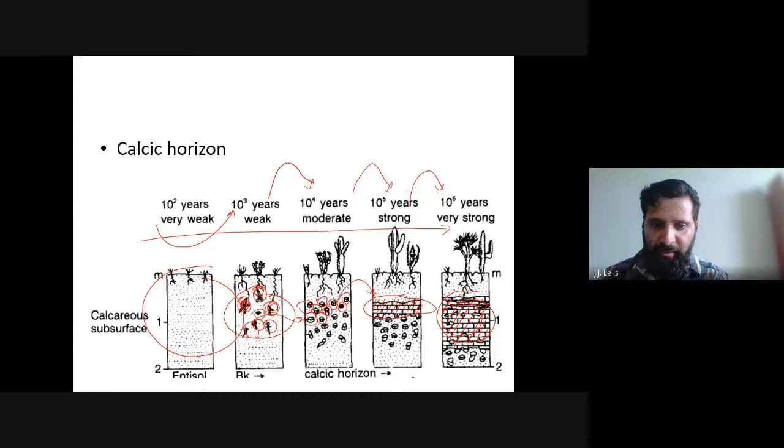After that, some nodules or concretions. And after that, we can see both. We can see mottles and we can see some layers or some horizons that get thicker with time. Okay.